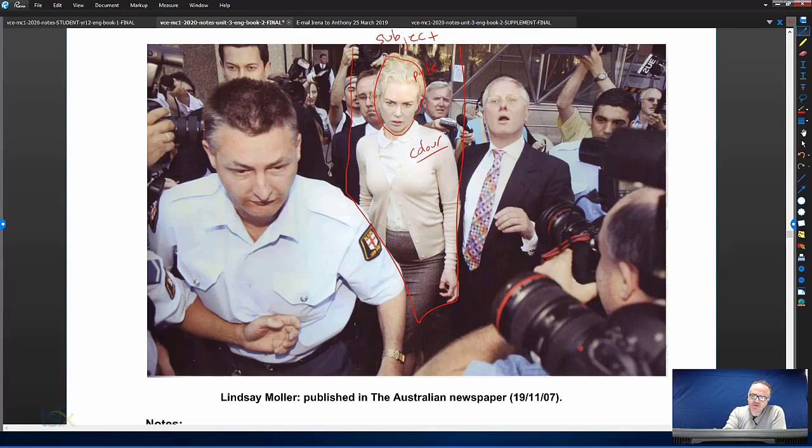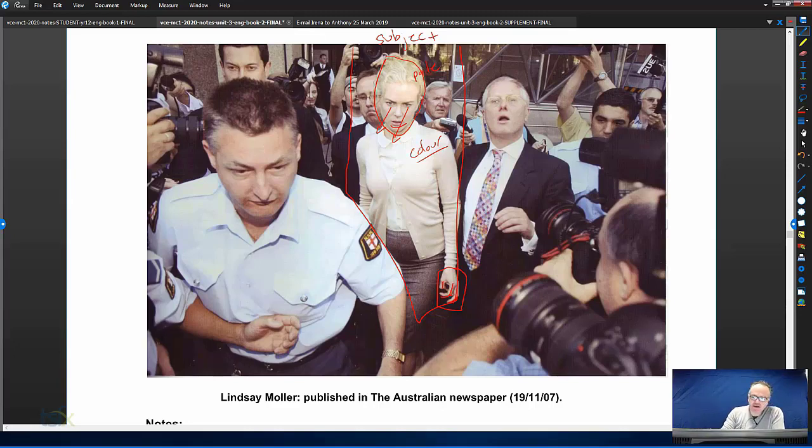Look at where her eyes are looking. She's looking down. Even the fact that her mouth is slightly open makes her look quite haggard or perhaps set upon. So she doesn't look happy. If you even look at her hand down here, there's certainly tension in the way that she's holding her fingers. She doesn't look content.